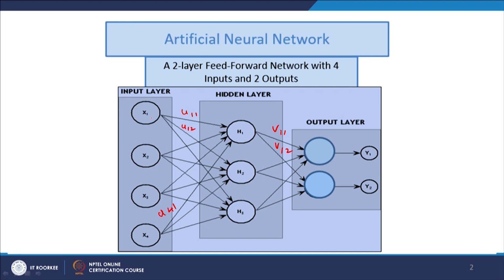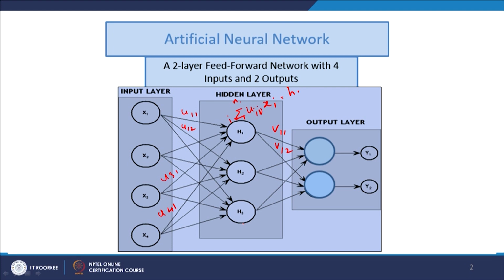For example, we multiply x1 with u11 and x2 with u21, x3 with u31 etc. So, the summation of uij xi, i equal to 1 to n, gives the value hj, here h1. Similarly, h2 and h3 can be calculated.